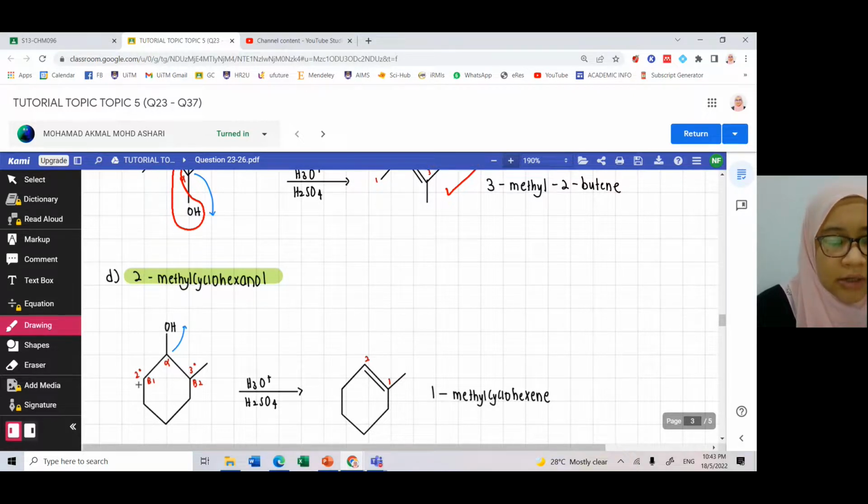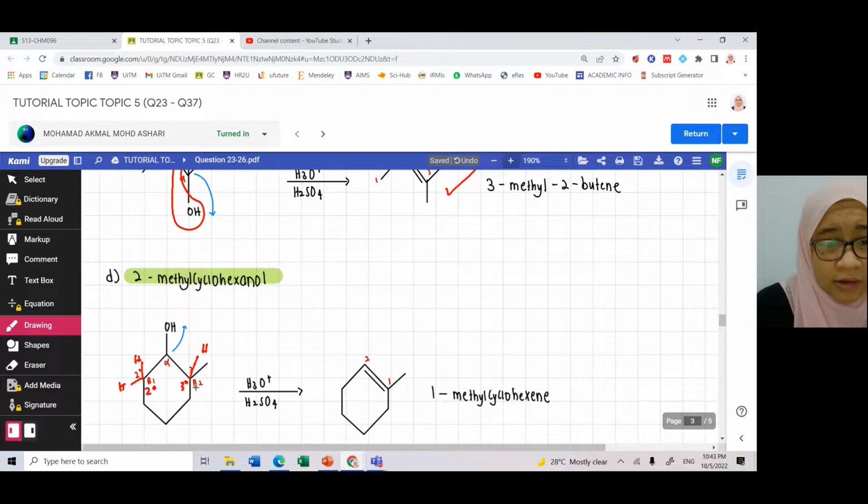Next, 2-methylcyclohexanol. Again, we have 2 options. For this one, this is tertiary, this is secondary, like what Akmal has classified here.